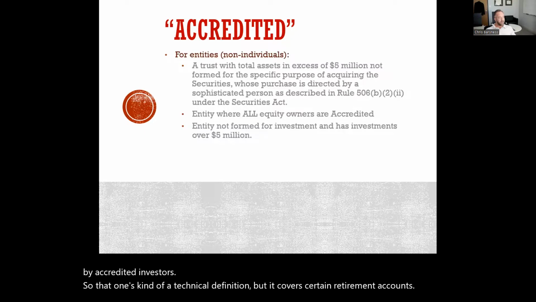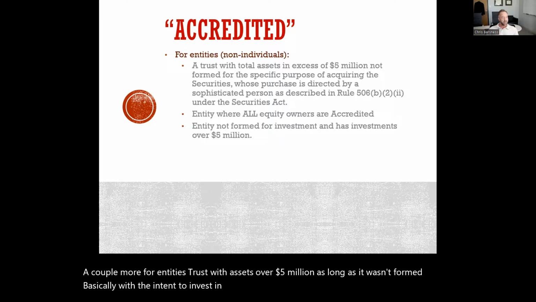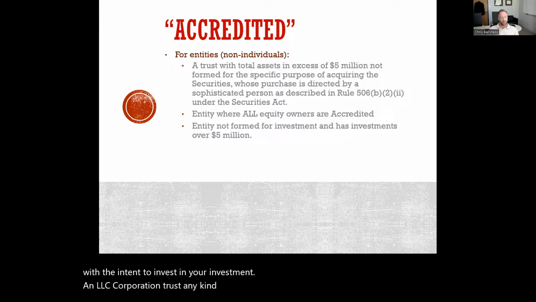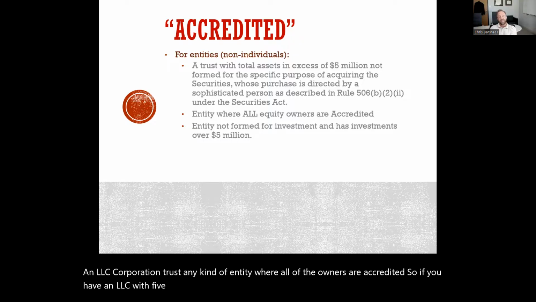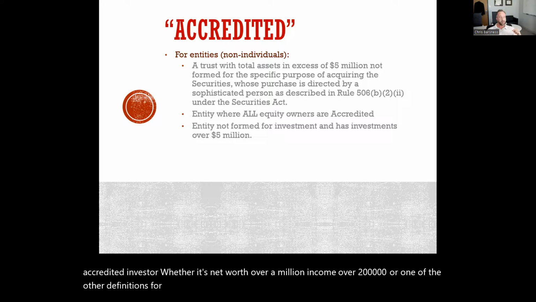A couple more for entities: a trust with assets over $5 million, as long as it wasn't formed basically with the intent to invest in your investment. An LLC, corporation, trust, any kind of entity where all of the owners are accredited. So if you have an LLC with 5 members, all 5 members would have to fit some definition of accredited investor, whether it's net worth over $1 million, income over $200,000, or one of the other definitions for every single equity owner.